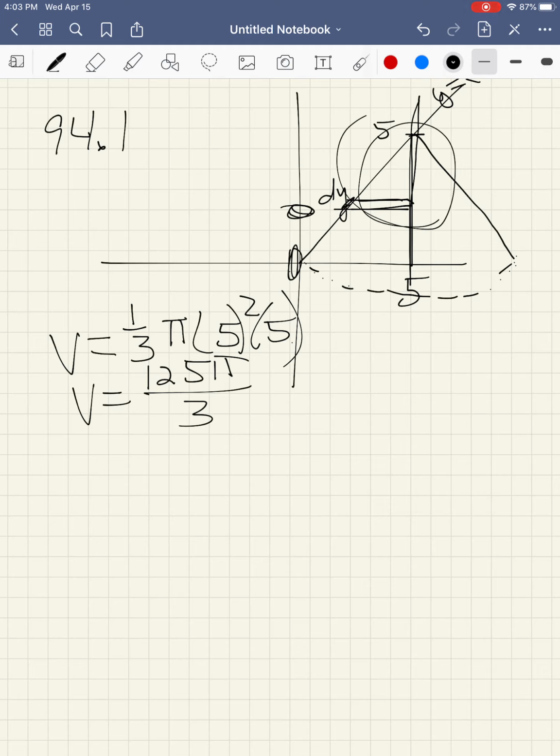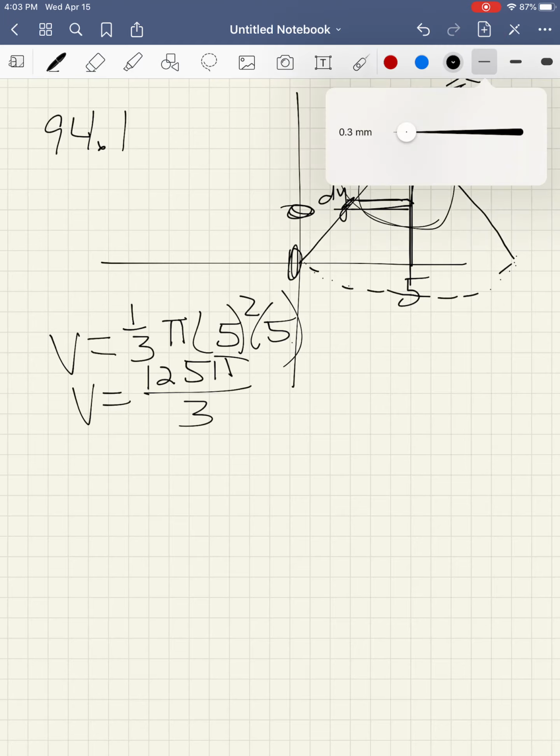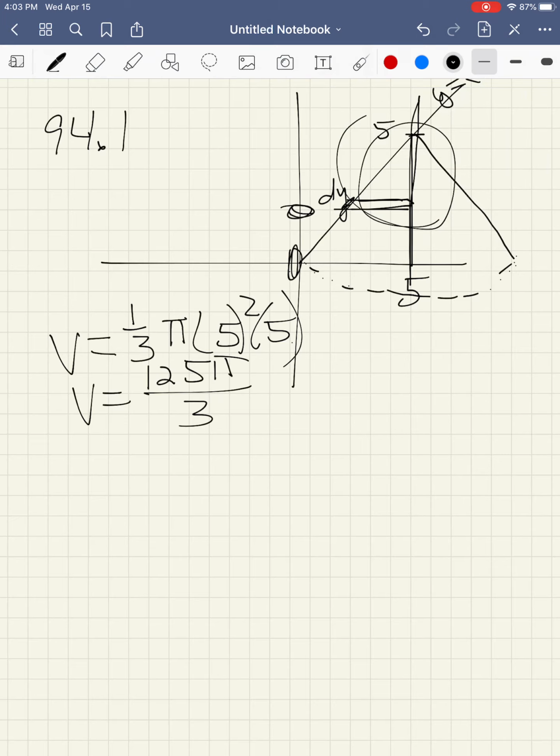Now if we write it in terms of x, it doesn't really matter, because y is equal to x. Y equals x, so we can just interchange x and y. If we integrate with dy, we're going to integrate from here up to here, correct? And it'll be this line right here.